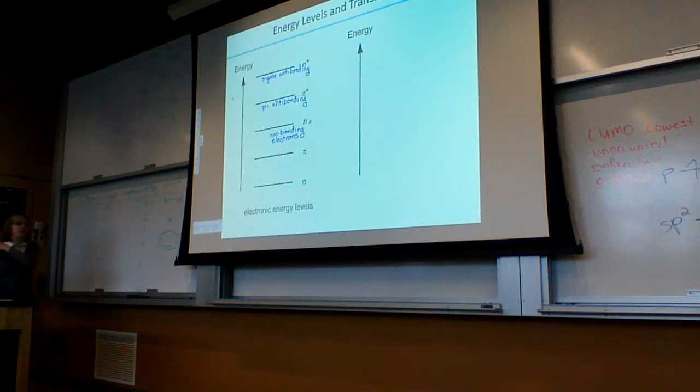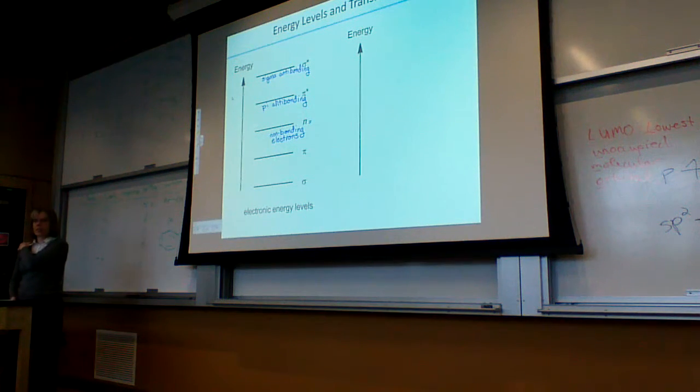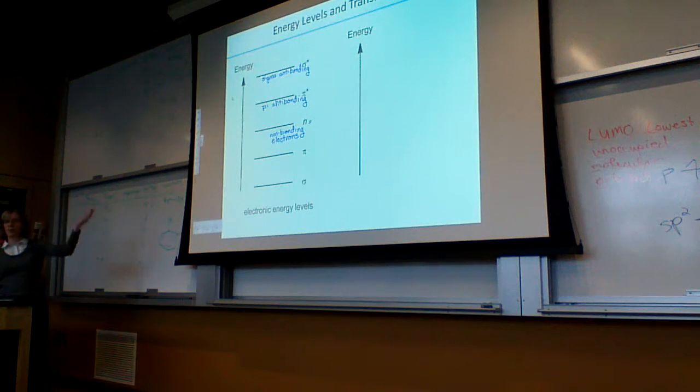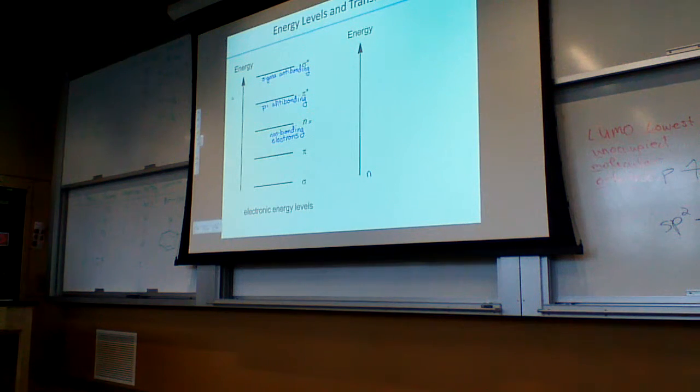So you can actually see excitation of electrons for different molecules from several combinations of these. The lowest energy one is actually the N to pi star.